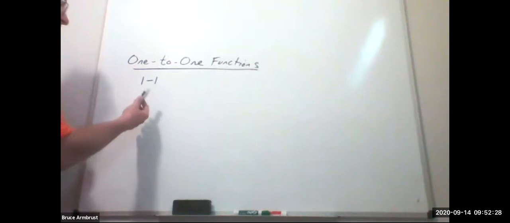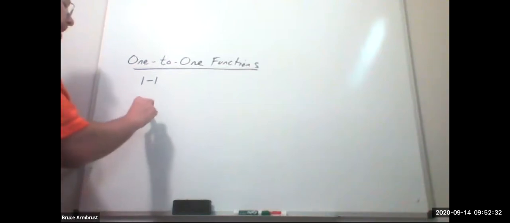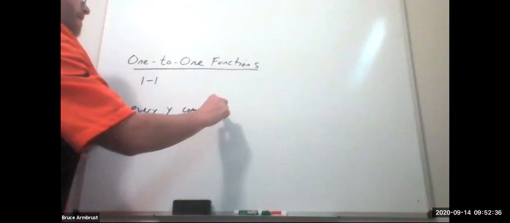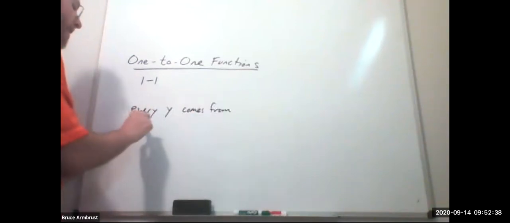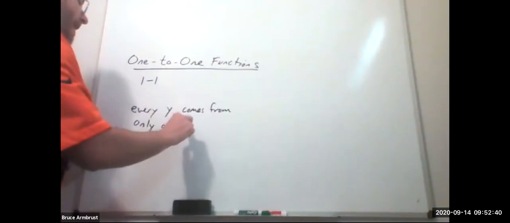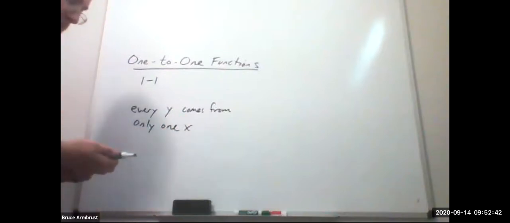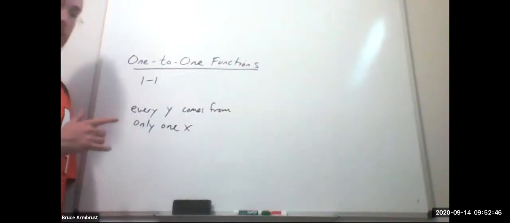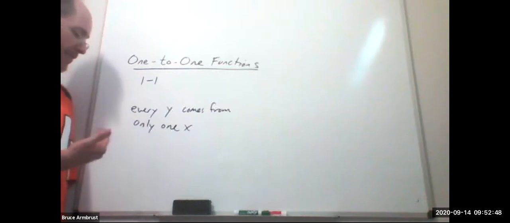So 1 to 1 functions, these are ones where every y comes from only one x. So this is sort of similar to the definition of a function.